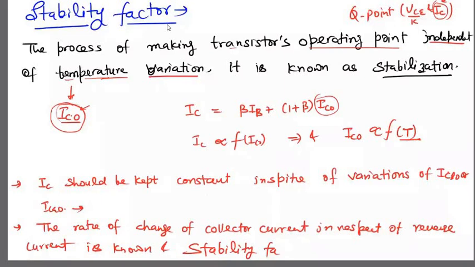I hope you understood: the rate of change of collector current with respect to reverse current ICO, reverse leakage current, reverse saturation current.